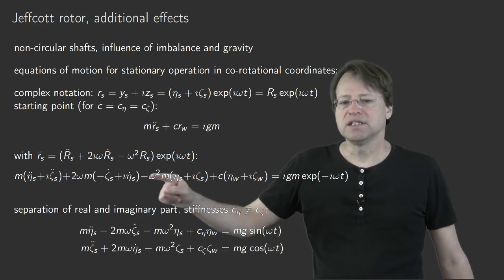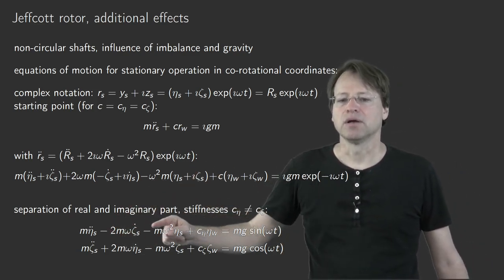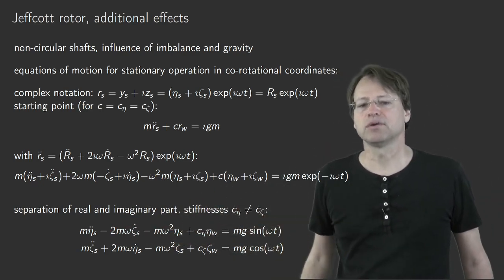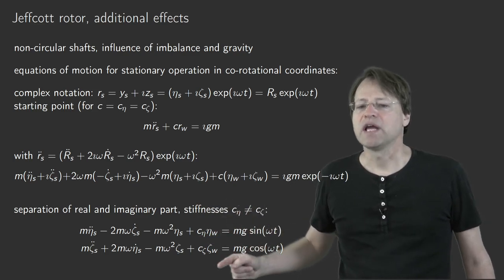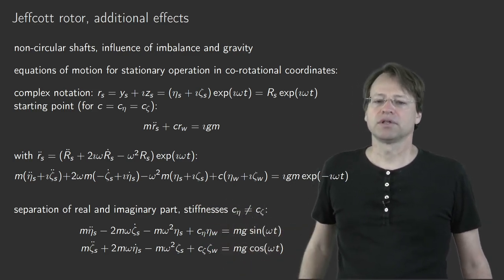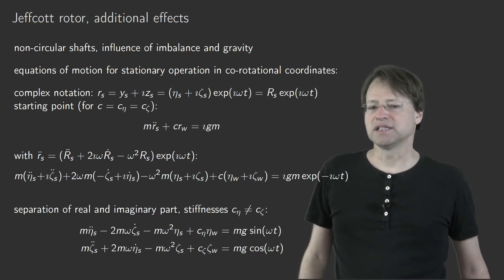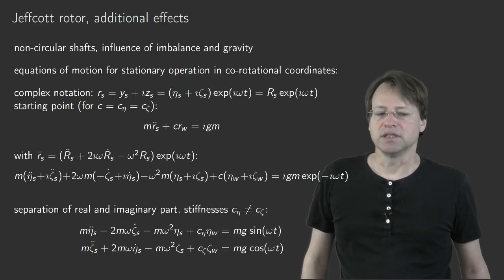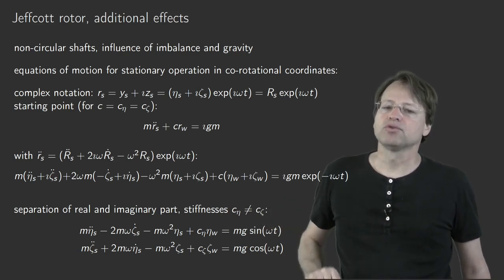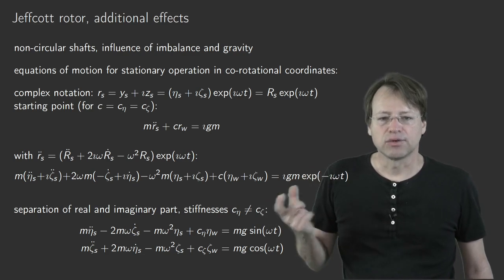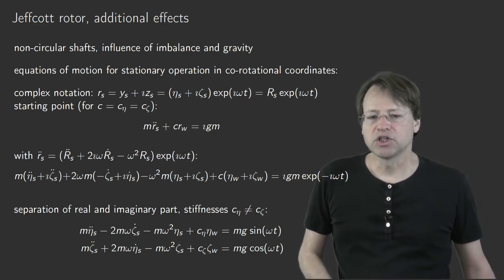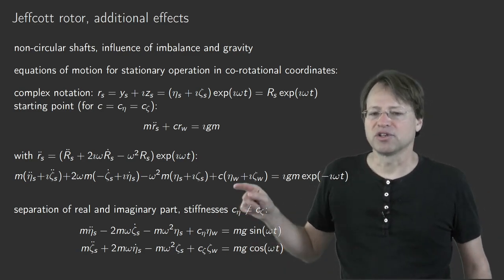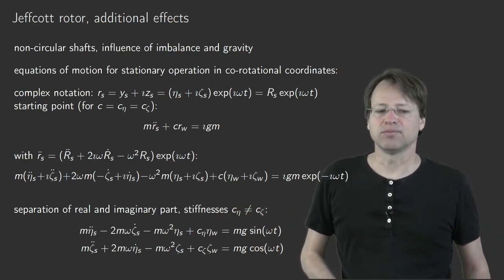If you look at the indices, then you can see that we are still dealing with body fixed coordinates, but coordinates related to the center of gravity on the one hand, and for the restoring force, we are dealing with complex coordinates, with body fixed coordinates here that are related to the connection point between the shaft and the disc. So what we have to do, we have to use our previously derived kinematic relationship in order to speak with one language and to just include one index here in the equations of motion.